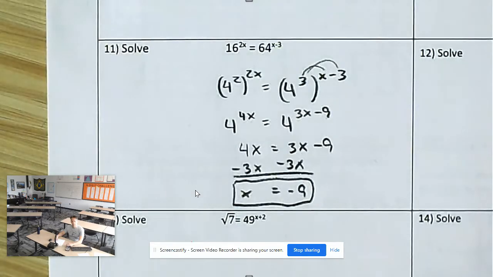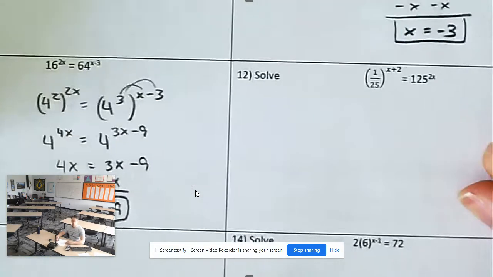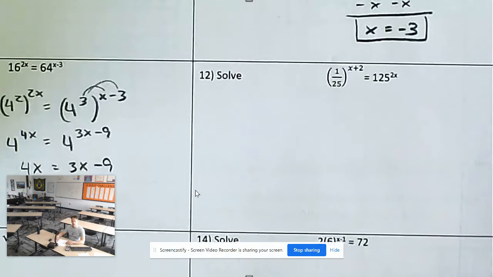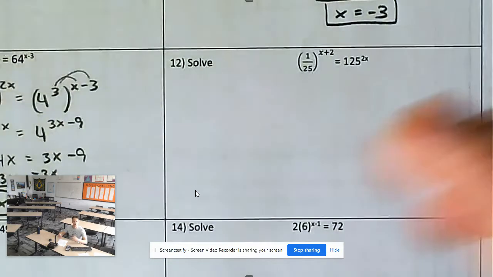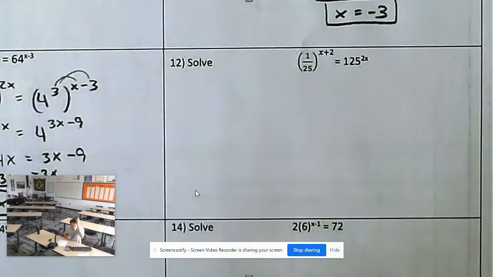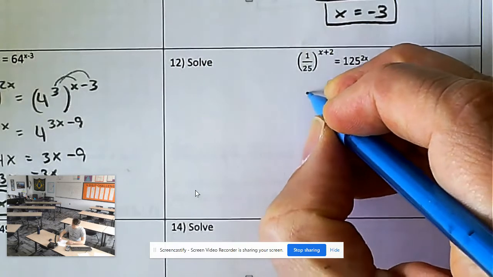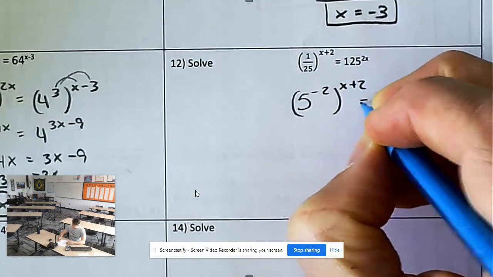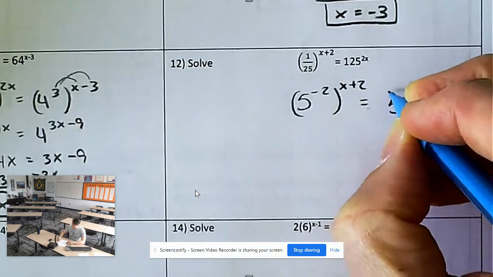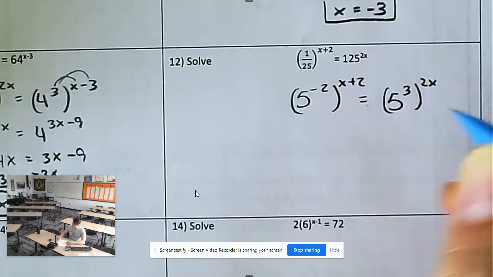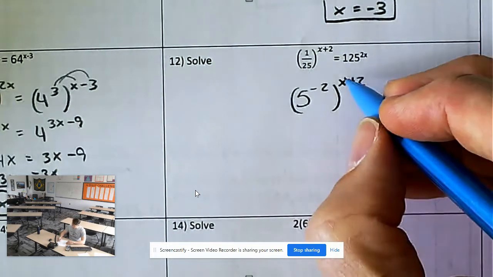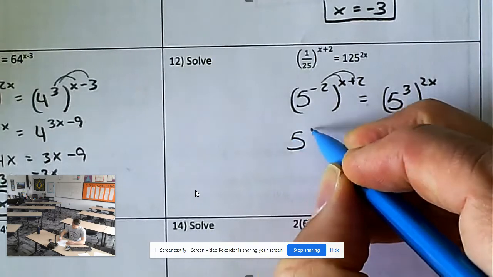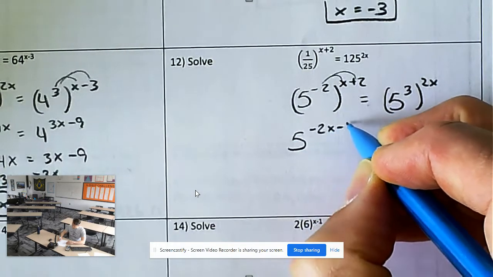Okay. Number 12. Well, what's my common base here? Well, what is it? Come on, what is it? That's right, it's 5. So 1/25 is 5 to the negative 2. And 125 is 5 to the 3rd. So now, distributing here, I get 5 to the negative 2x minus 4.